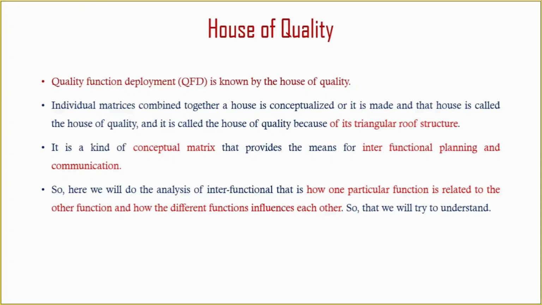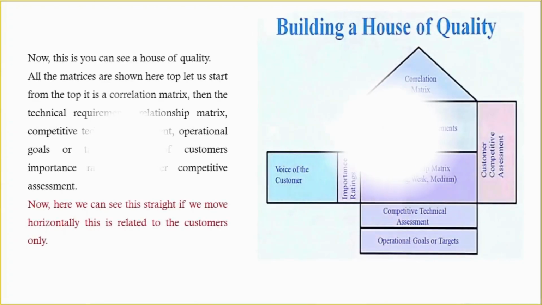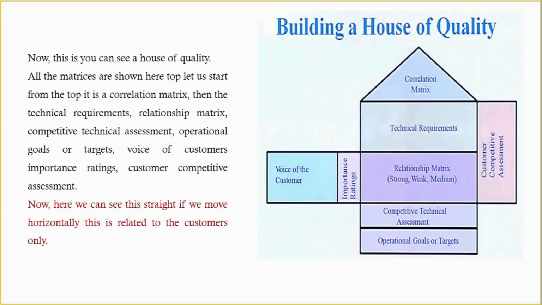Now you are going to see the house of quality. On the right hand side you can see the house of quality. The triangular structure is there, and based upon this triangular structure, we say this is a house of quality. We are going to see the points one by one. All the matrices are shown here.